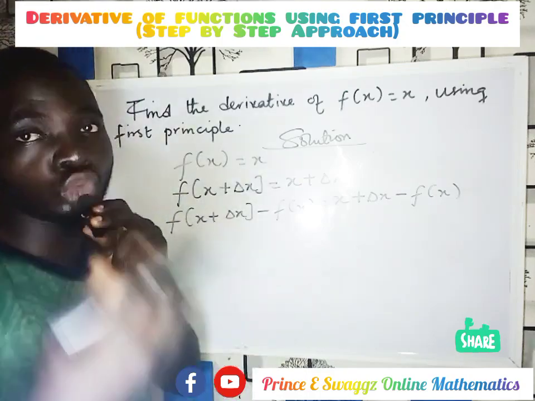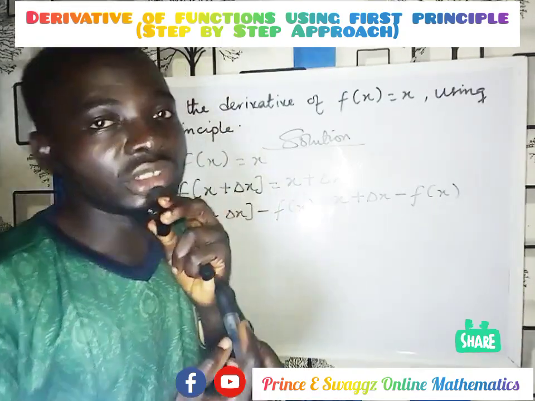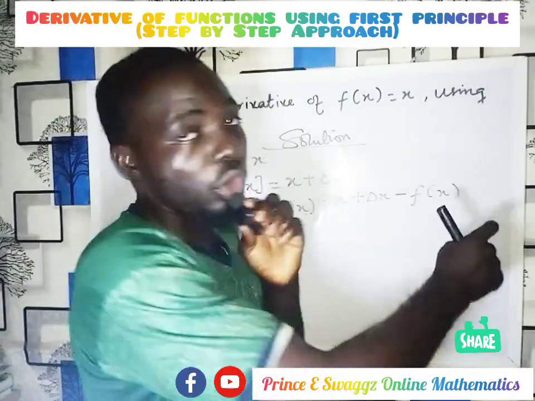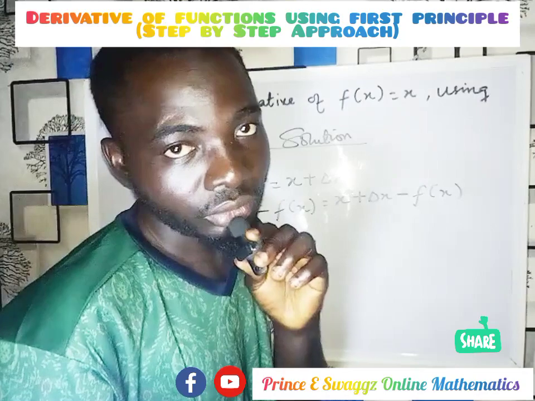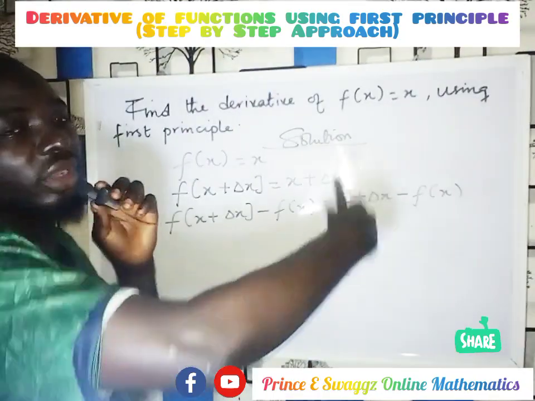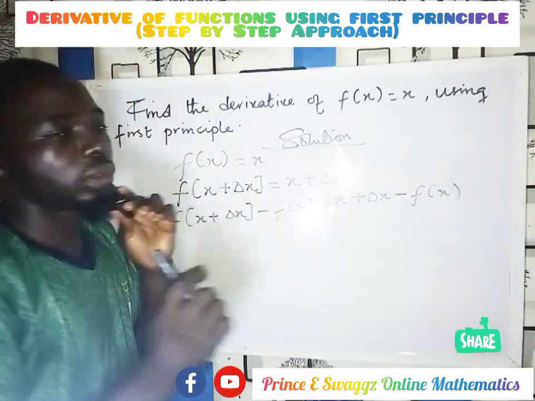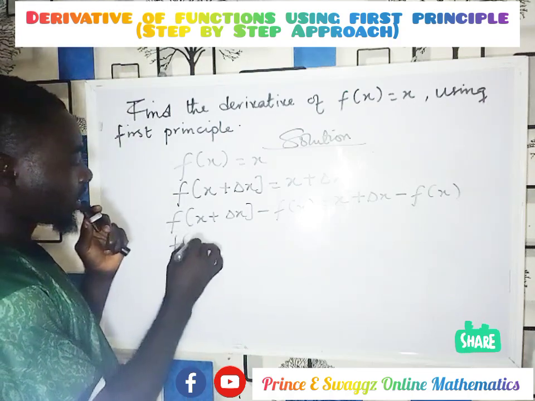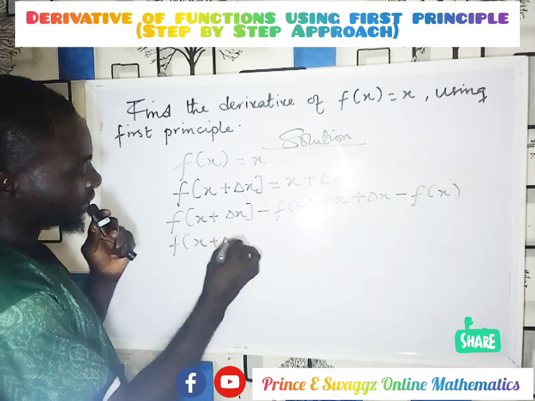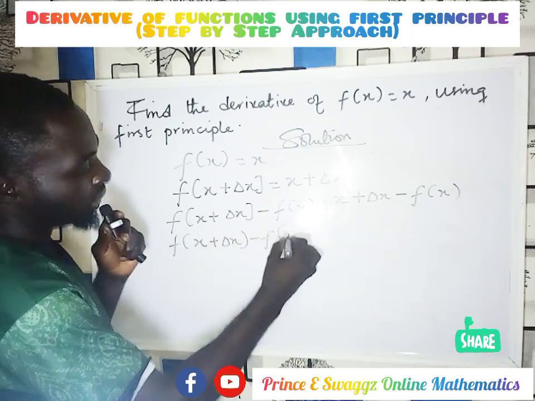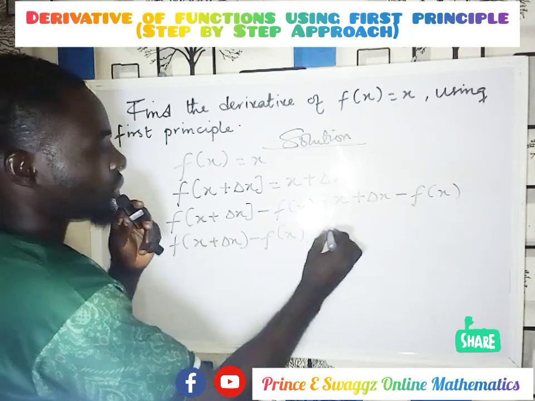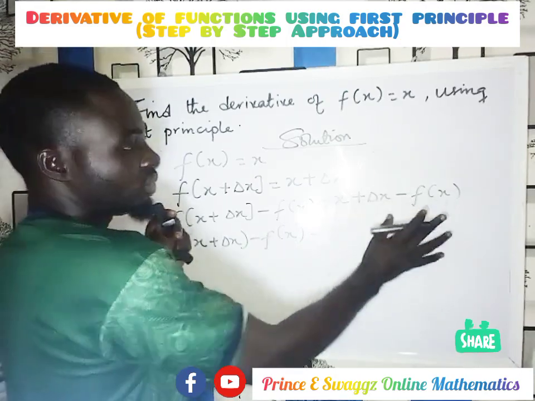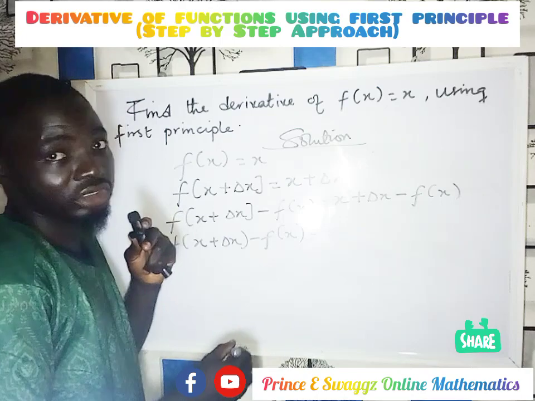The next thing to do is to replace the value of f of x in the right hand side. So f of x plus delta x minus f of x equals, you don't replace it on the left; what you replace is on the right hand side.